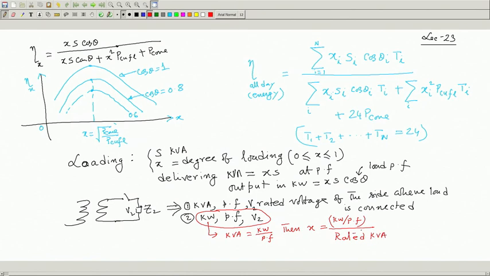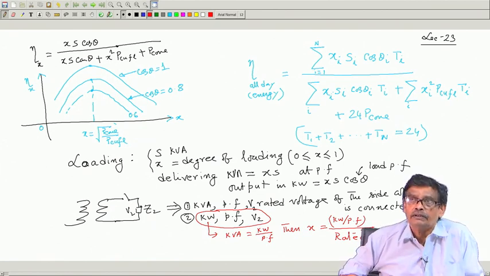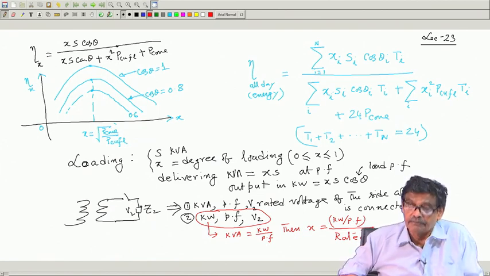This you remember, and there are very nice problems given in a popular book, Parker Smith's book on problems in electrical engineering, a very famous book.